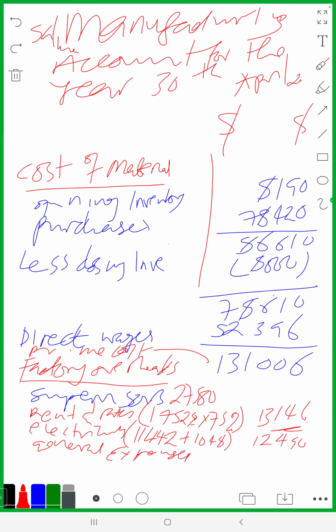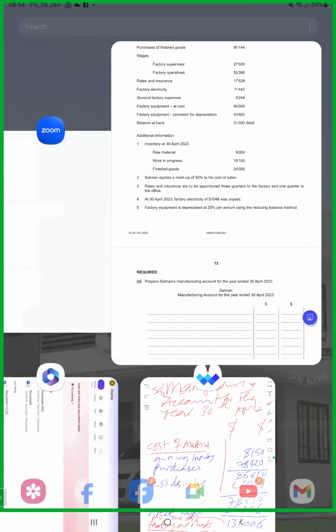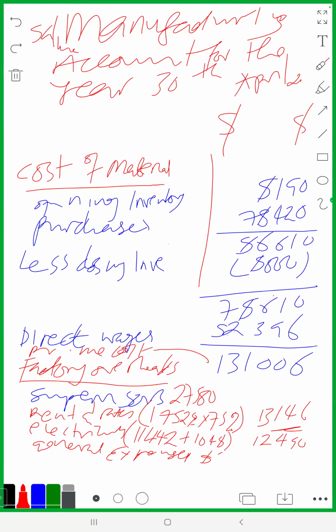Obviously, the general expenses are given in the question. General factory expenses are given, 8,244. It's in the first column, the very first column.